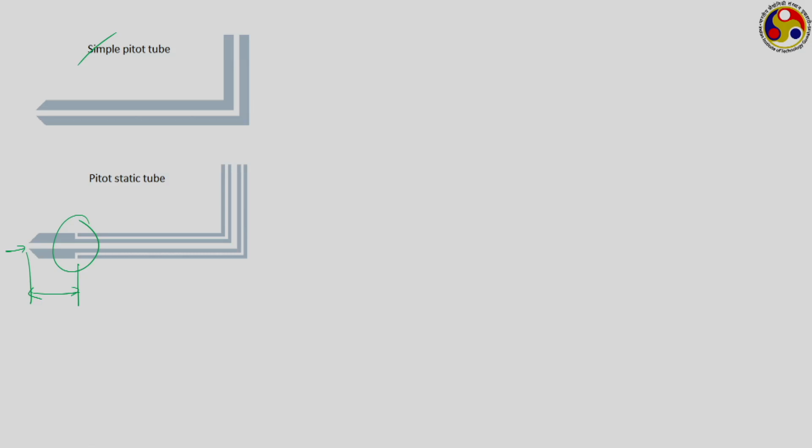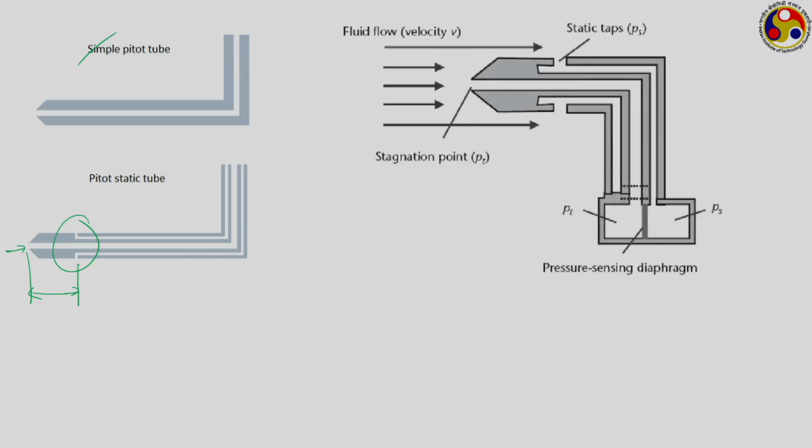Through this the fluid can enter the annulus formed between the two channels, and this outer one is likely to give you the measurement of the static pressure, just like shown here. This is the one that is going to give you the stagnation pressure, and the fluid enters through this circumferential hole, the annulus, which is going to give you the measure of the static pressure.